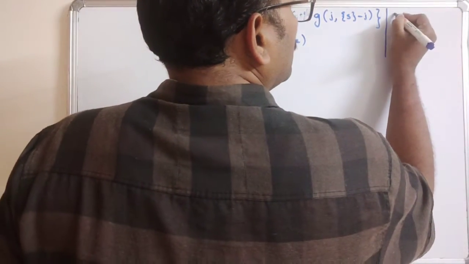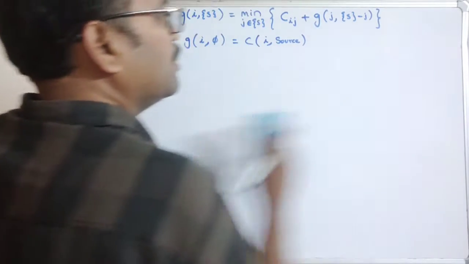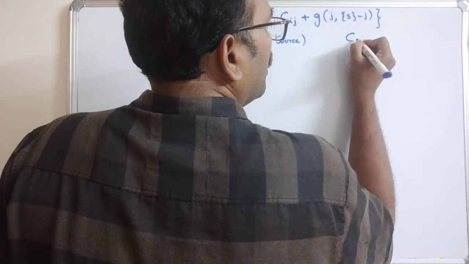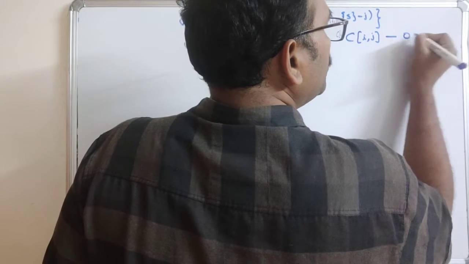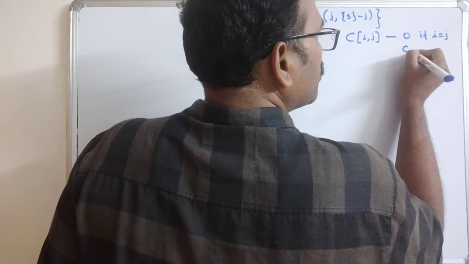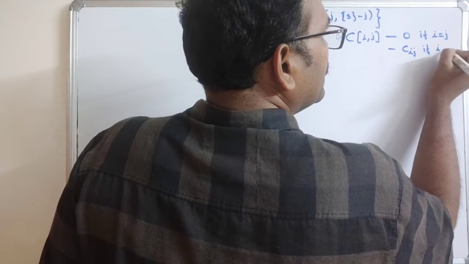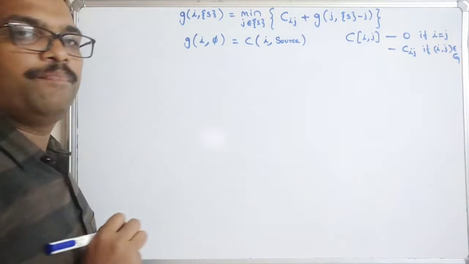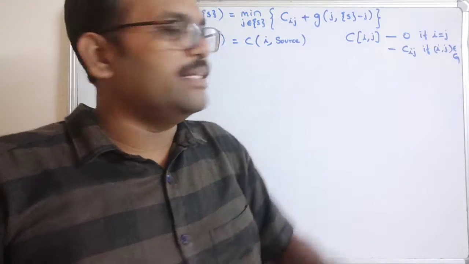And remember one more thing, cost of I comma j becomes 0 if I equals j, and becomes cost of ij if the ij edge belongs to the graph. That means if there is an edge between I and j.